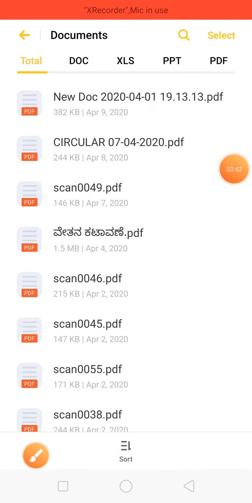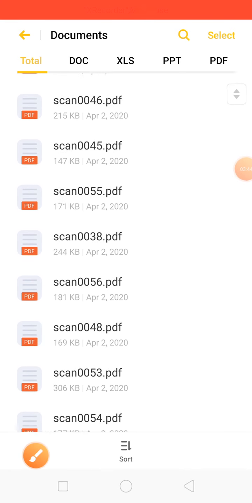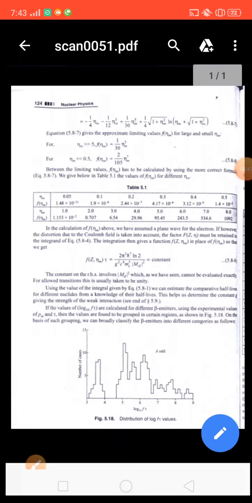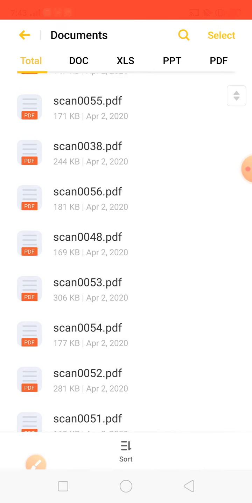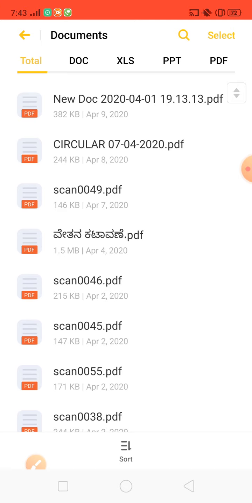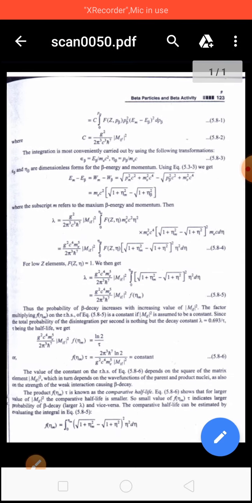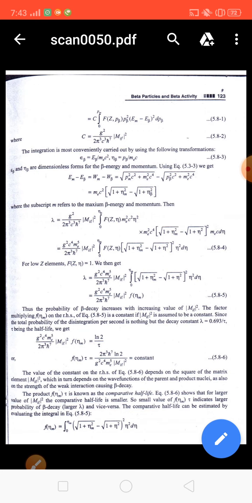Keep that equation as number 1. So lambda is equal to, by referring to those equations, c into the integration from 0 to pm, the maximum momentum.